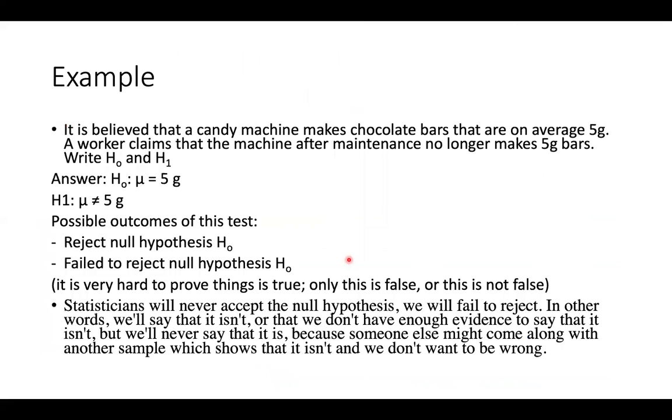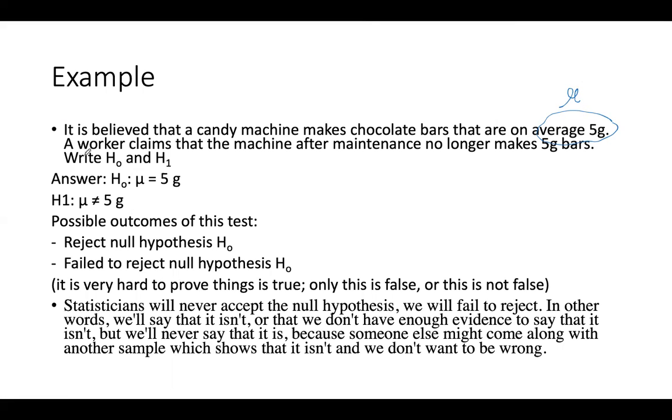Okay, so now let's have a look at the examples. Let's try with the pen, and let's see what we have here. For example, it is believed that a candy machine makes chocolate bars with an average of 5 grams. So average 5 grams, and this would be the mu of the population.